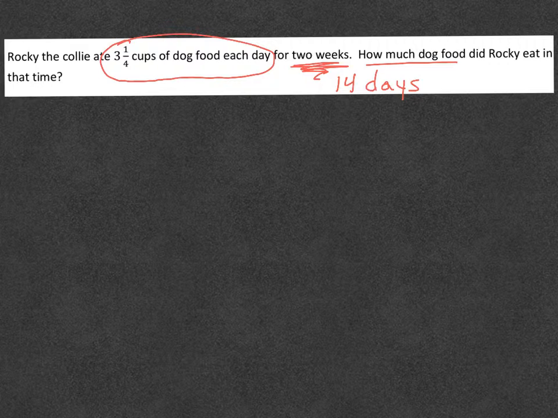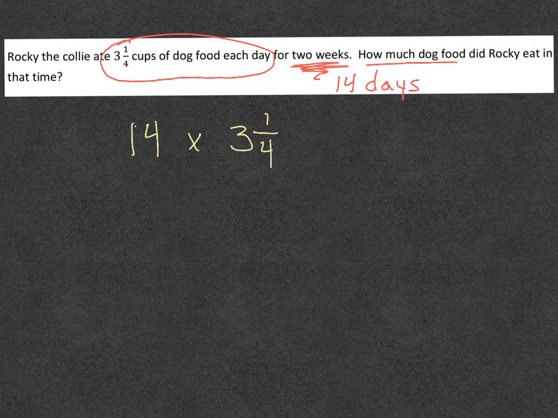So now we can actually solve this problem, using the distributive property. We've got 14 copies of 3 1/4 cups, because each day he had 3 1/4. Let's get our parentheses.